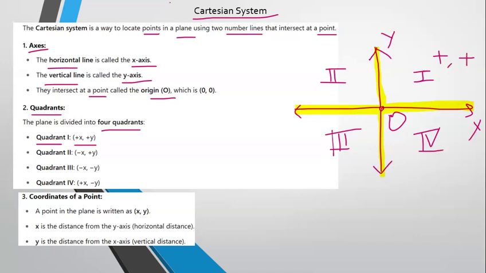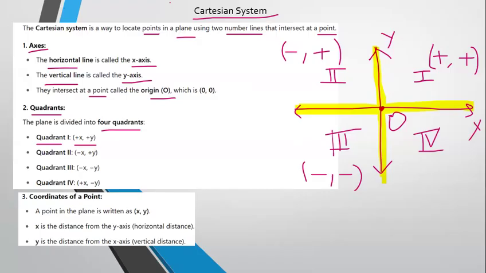In the second quadrant, the value of x is negative and the value of y is positive. In the third quadrant, the values of x and y are both negative, which means minus minus.